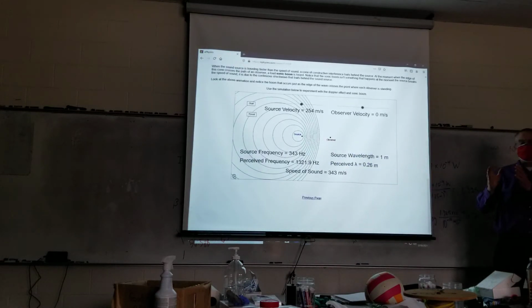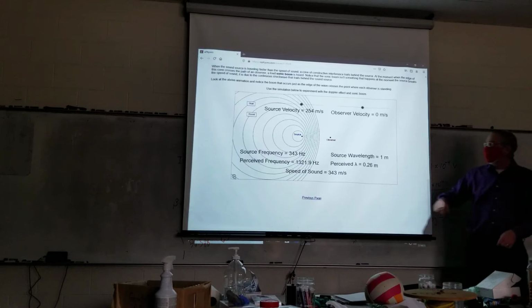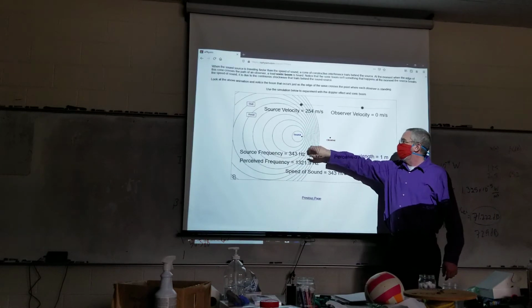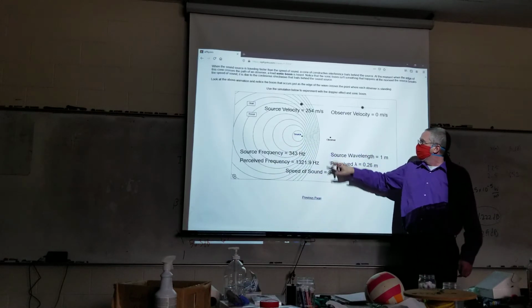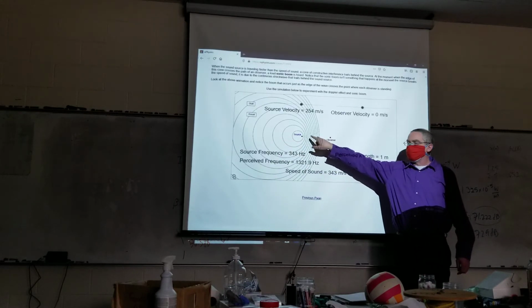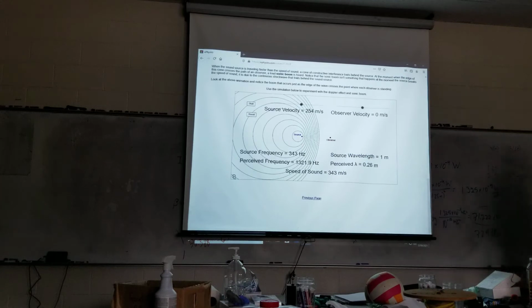Halfway between the lines is going to be a point of low pressure. So we've got basically a peak and then a trough. Well, easier to see over here, a peak and a trough right there in the middle. So as you get closer, it gets bunched up even more, and it's a higher and higher frequency.